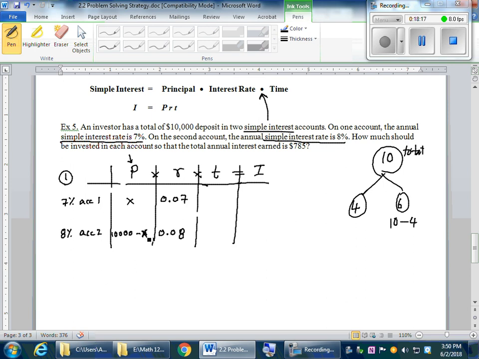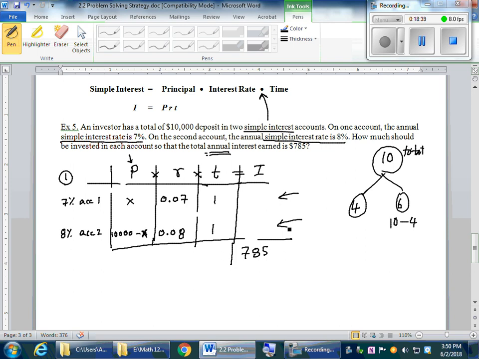The time, it said the total annual interest earned, so we know that annual means only one year. And we are interested in this annual interest earned, which will be equal to $785. So we need to know the interest earned from the first account and the interest earned from the second account.